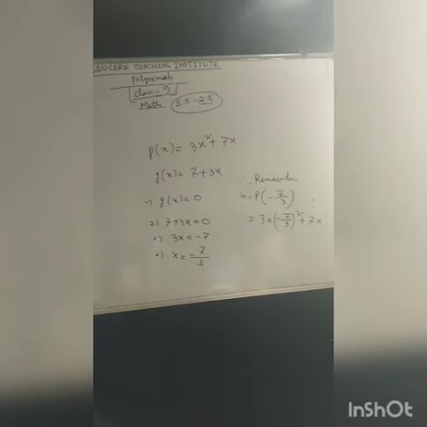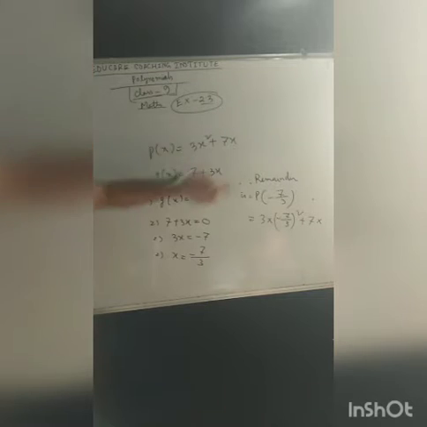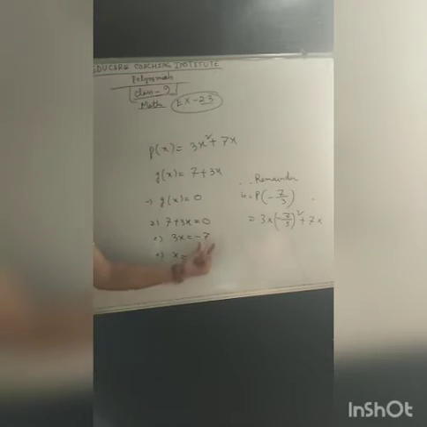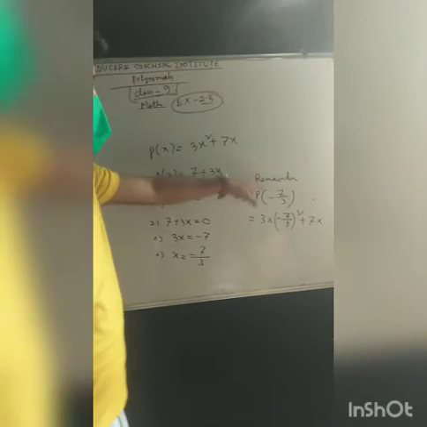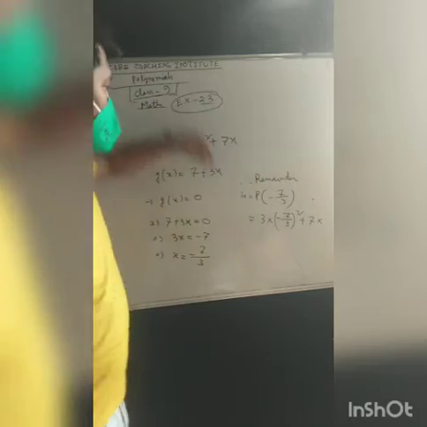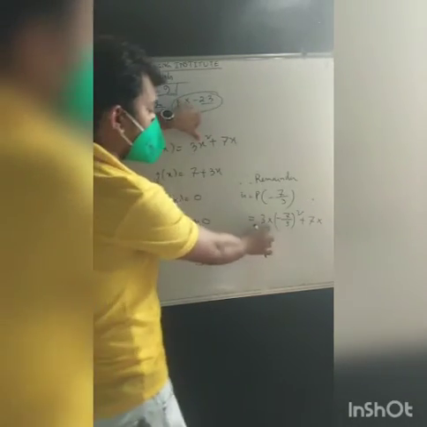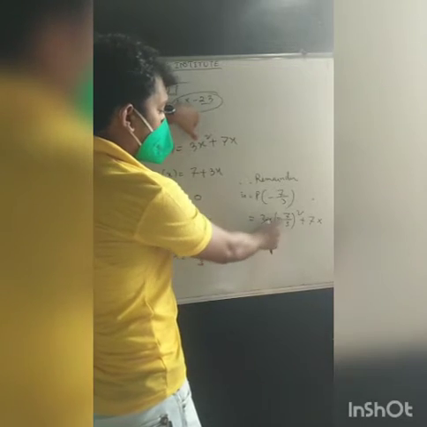So see, if p(x) is 3x square plus 7x and g(x) is 7 plus 3x, then by equating to 0, we will get the value x equals minus 7 by 3, and the remainder will be p of minus 7 by 3. Then in place of x, put the value of minus 7 by 3.